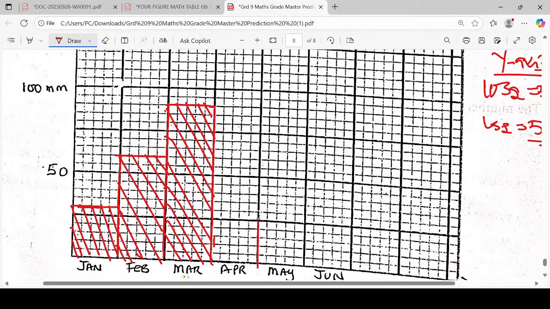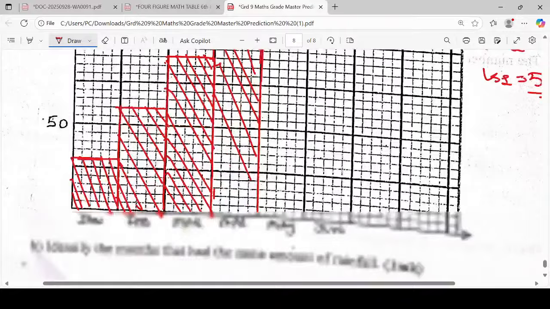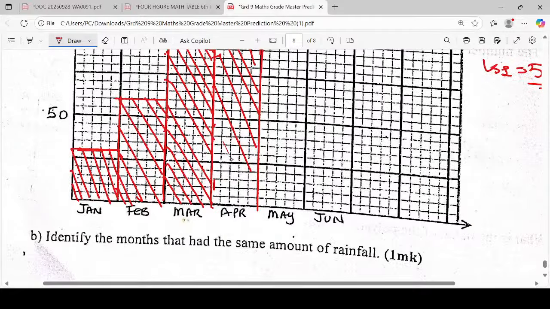Meaning this is 5, 10, 15, 20, 24 is here. Like that. Then let's shade it to make it visible. So this is how you respond to that question.